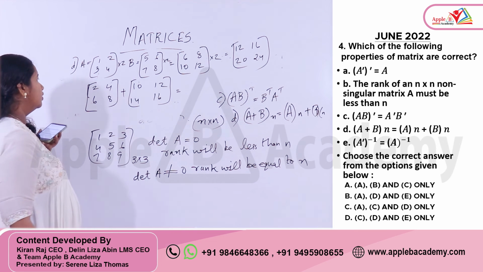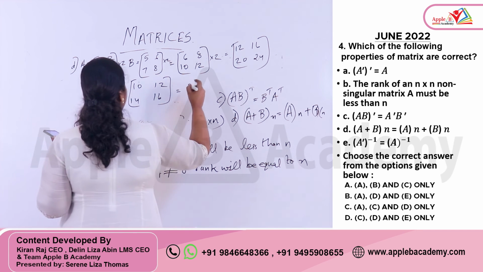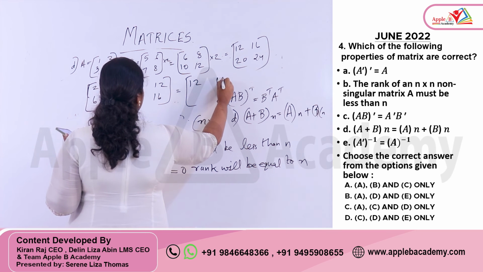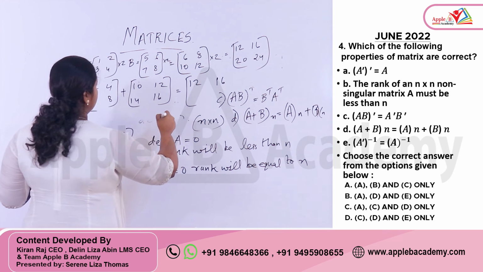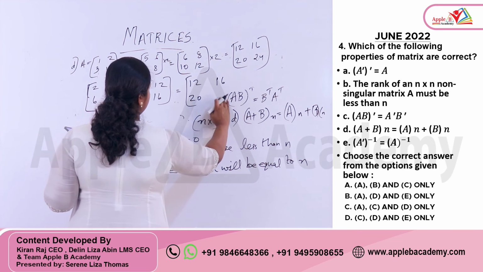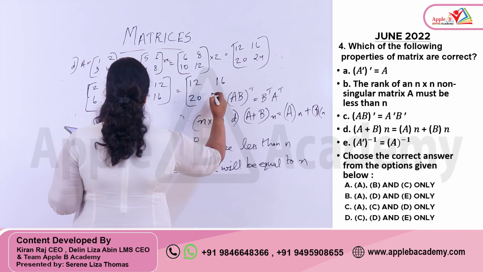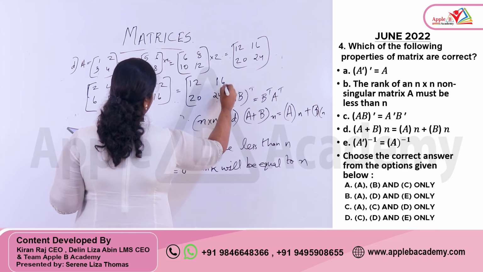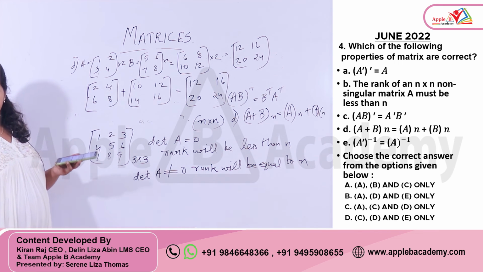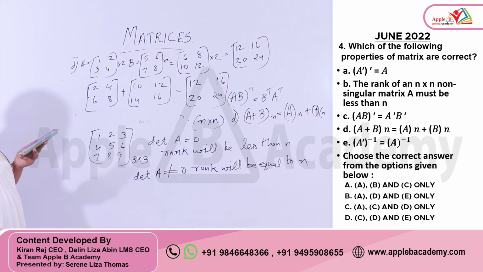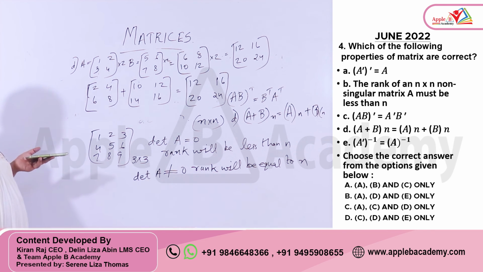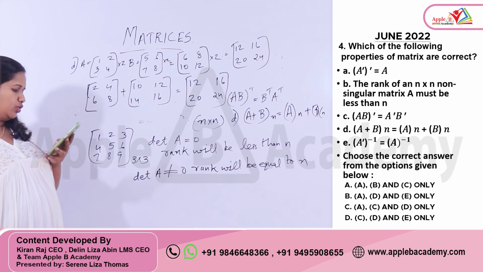Okay. So, now adding it, you get 12, 16, 20, and 24. So, LHS is equal to RHS. So that statement is also correct. A plus B into n is equal to A into n plus B into n.